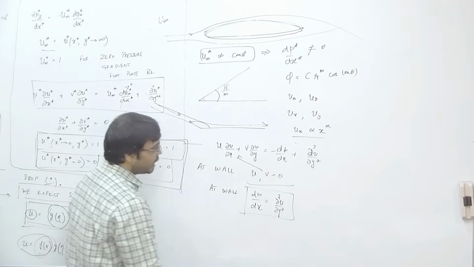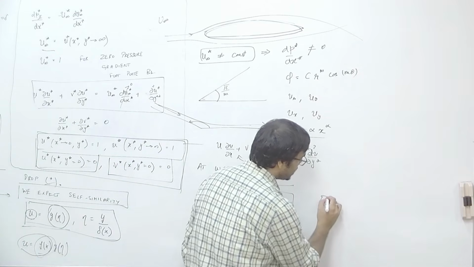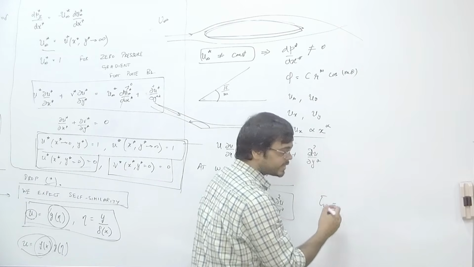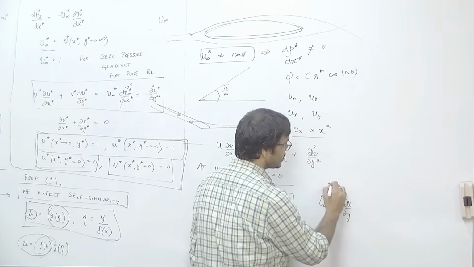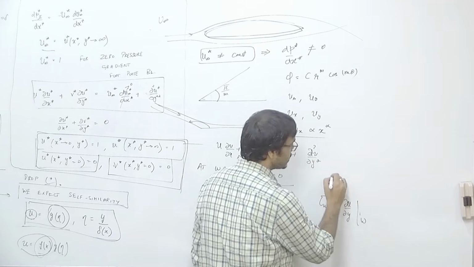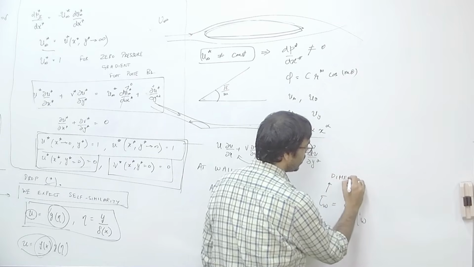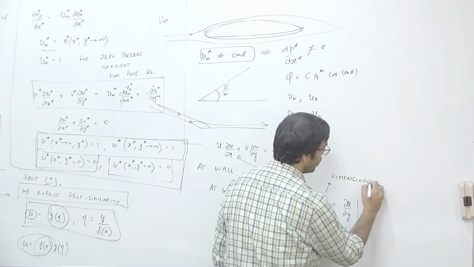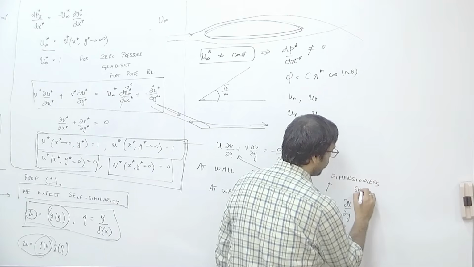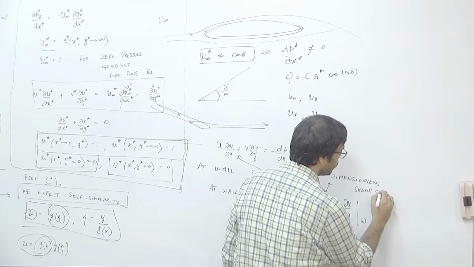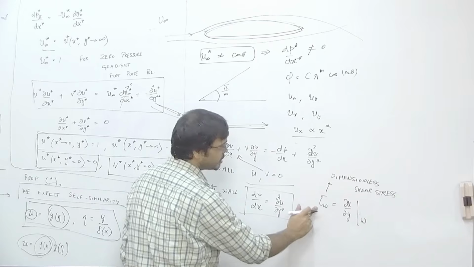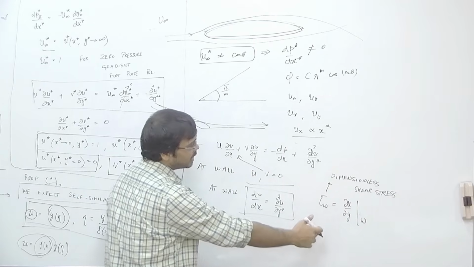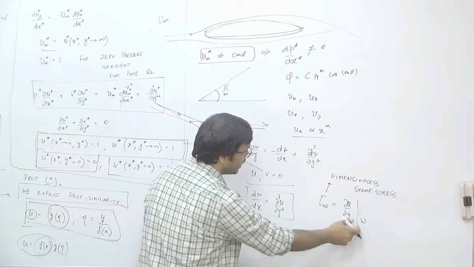Okay. Now, you can say that your dimensionless shear stress at the wall is del u by del y. If you formulate a dimensional shear stress, then you will need viscosity also. Since I am working with all dimensionless variables, this is dimensionless shear stress, and that is equal to del u by del y at the wall.